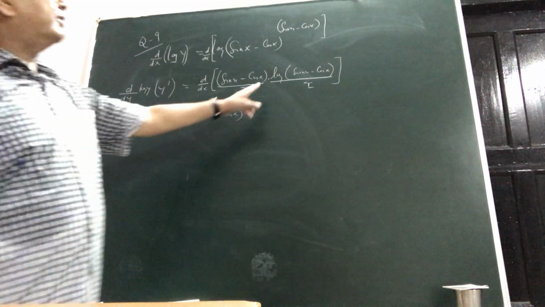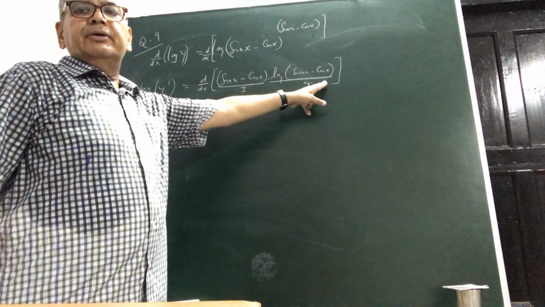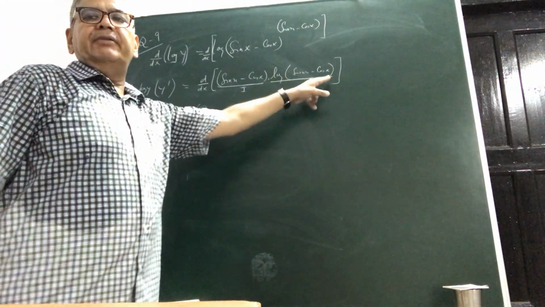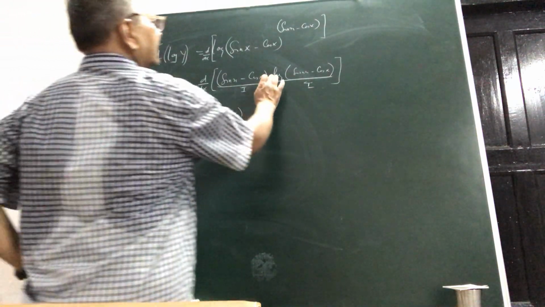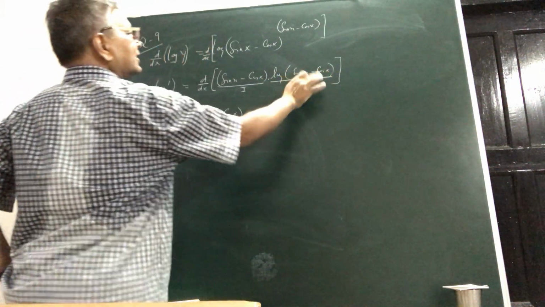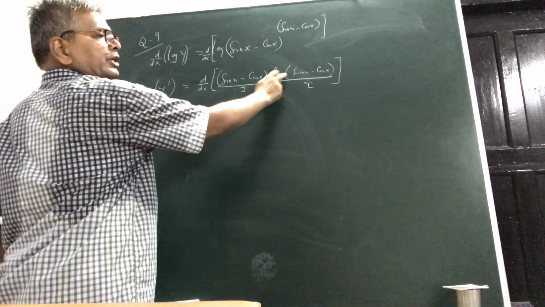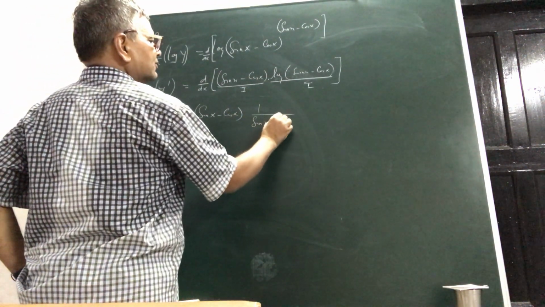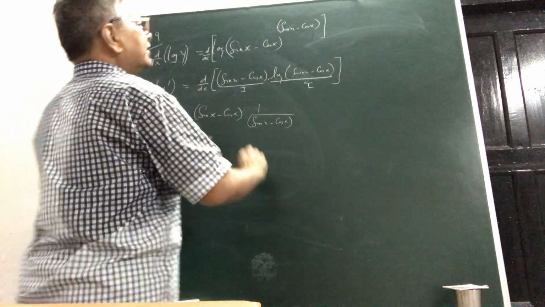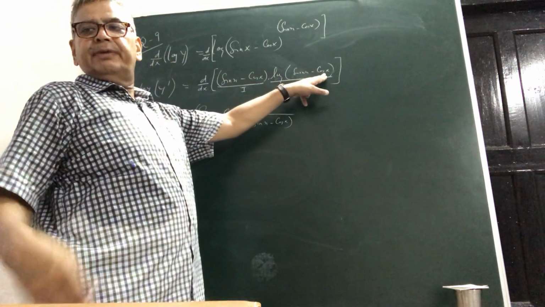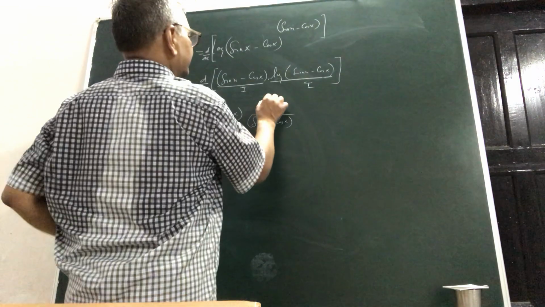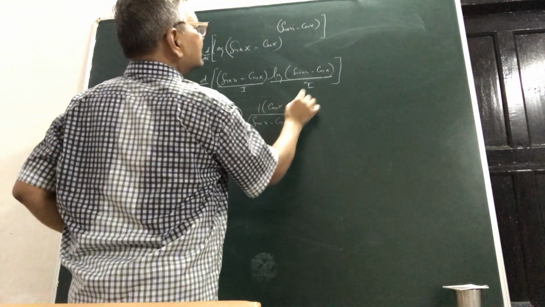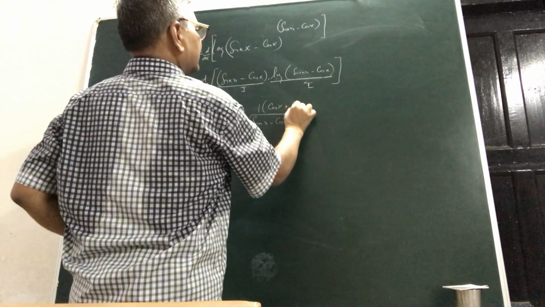The derivative in the product rule is the first function into the derivative of the second. In the derivative of this thing, what is it? Sin x minus cos x, you will put as t, log t. Log t you will first differentiate, so what you will get? 1 upon sin x minus cos x, and then you will differentiate this internal function t with respect to x. So it will fetch you what? Cos x minus, and cos x will give you, sin x.